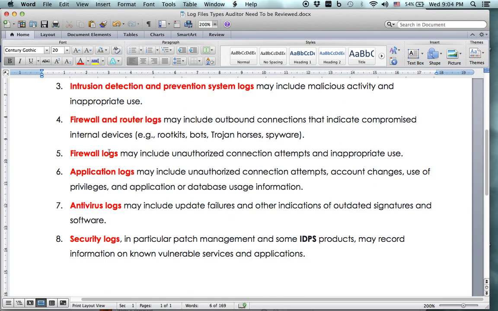So the next is the antivirus log. The antivirus log is very important. The auditor will obtain this log to monitor and verify update definition failures and indications of outdated signatures and software, and what is a critical alert or threshold alert for antivirus in case of a virus caught in the live service.